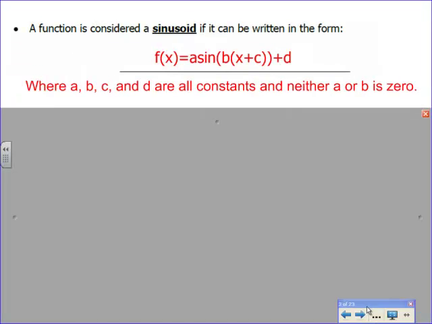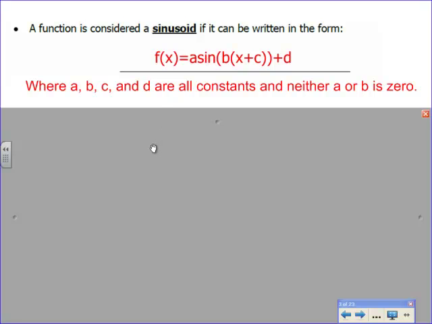Okay, that should have been sufficient for a recap of what the sine and cosine curves are. Any function is considered a sinusoid if it can be written in this general form. Sine and cosine curves are both considered sinusoids. You'll notice that we just use the general sine curve here, but you could rewrite cosine in terms of sine anytime you want.